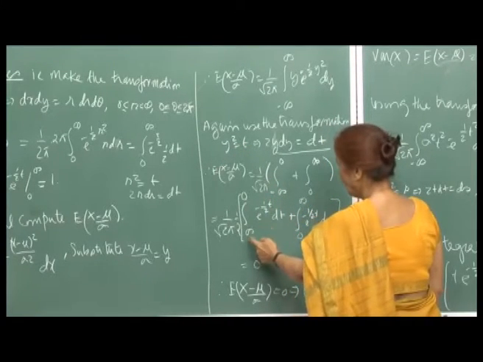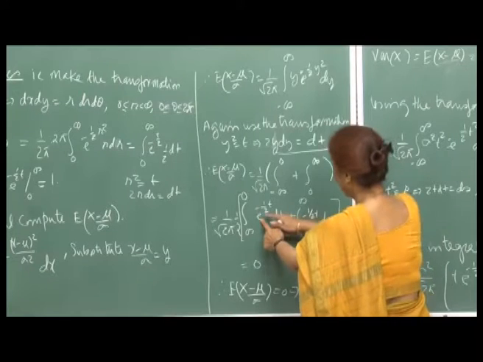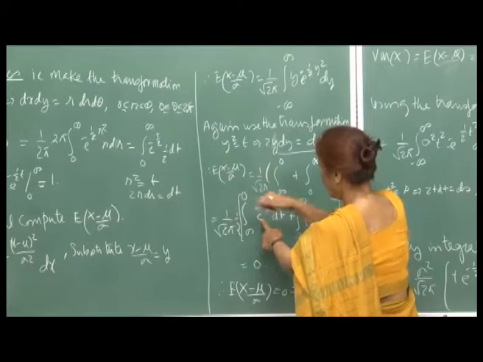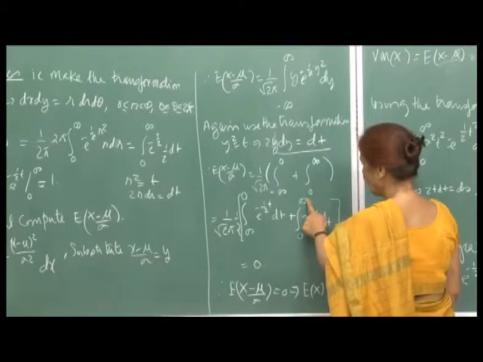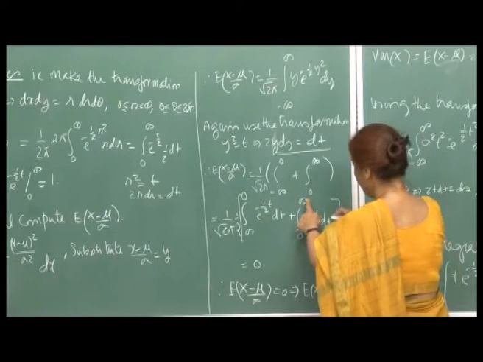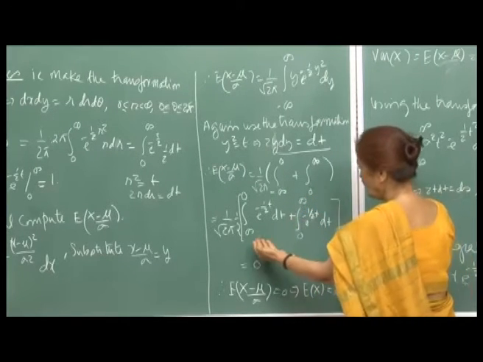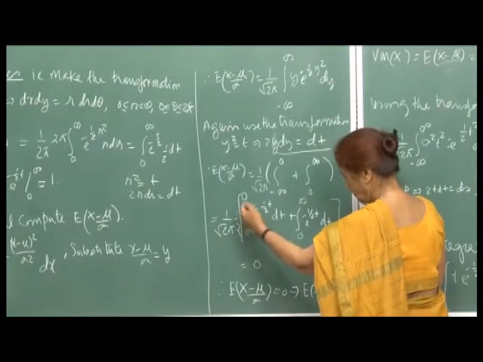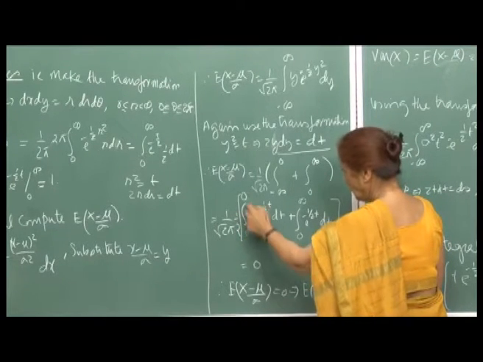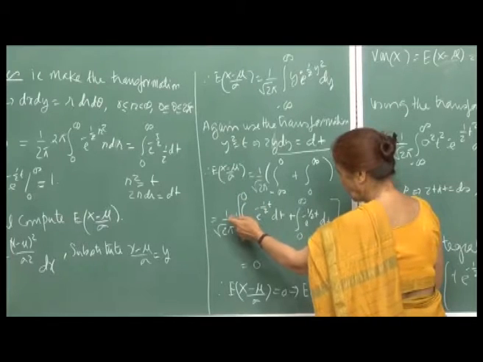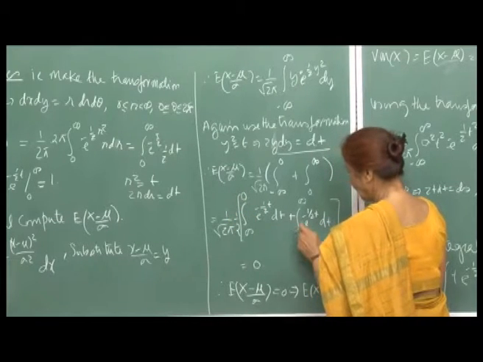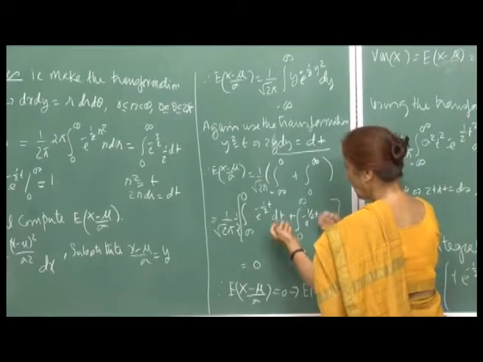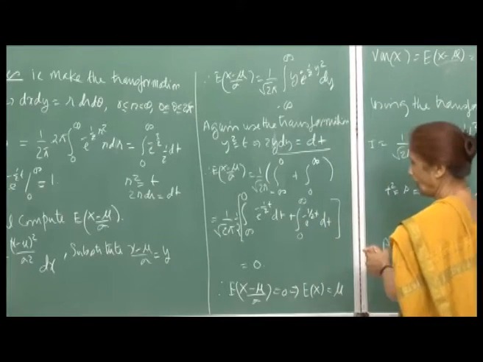So, this will be infinity to 0, and the integral will be e minus half t, just as we did here, and then this will be 0 to infinity. Now it is the same integral, except that here the limits are upside down. So, when you change the limits, it will become a minus sign. So, there will be a minus sign here and the same integral with a plus sign. So, when you add, the result is 0.